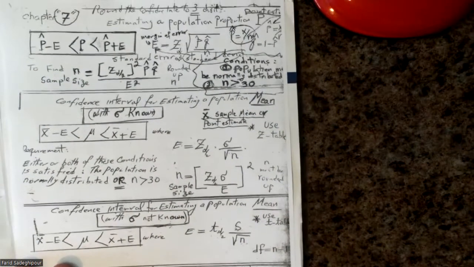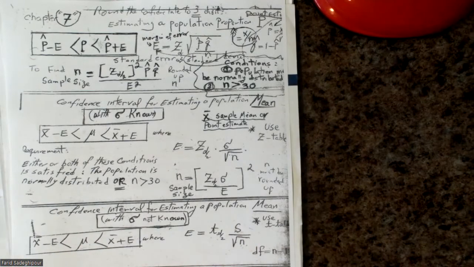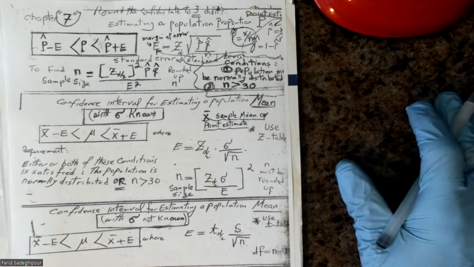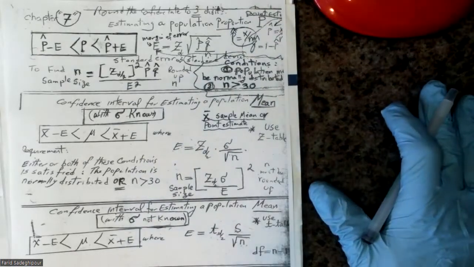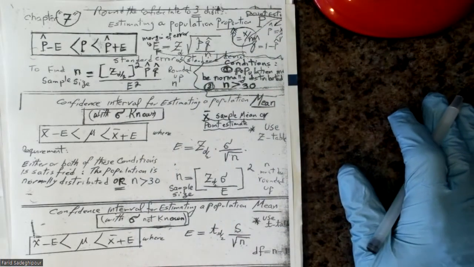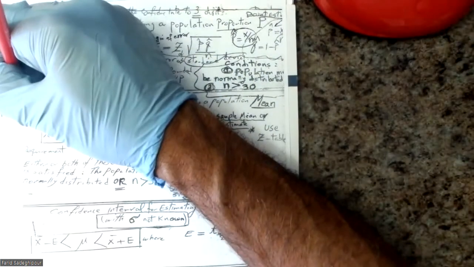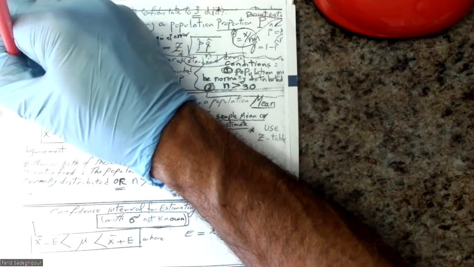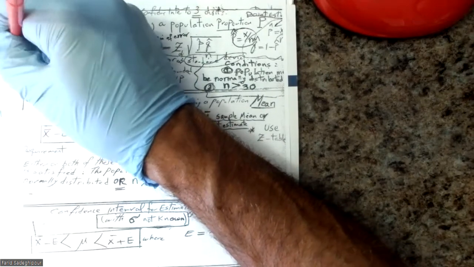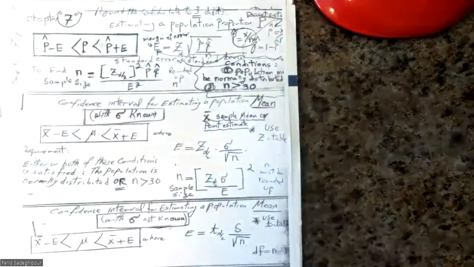What I did for Chapter 7, I summarized all the sections and the formulas in one page. So for Section 7.1, we are using the formula for proportions.